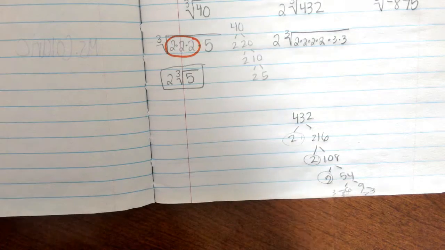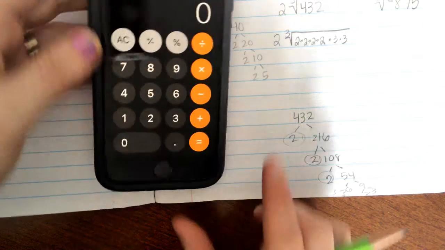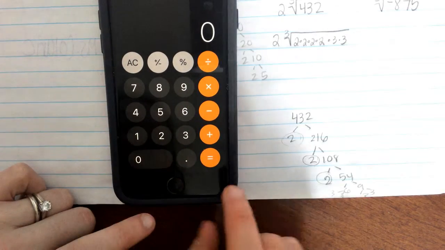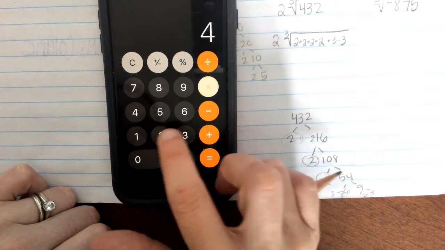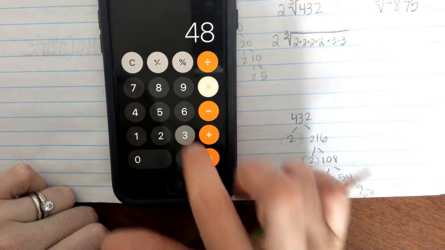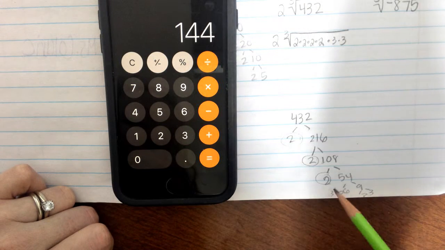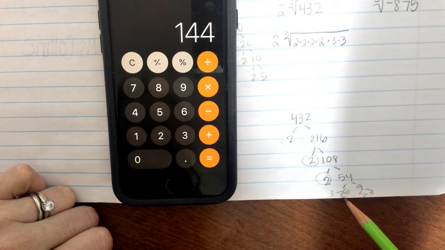The way you can check that it's right is to type in all of your factors: 2 times 2 times 2 times 2 times 3 times 3. It looks like we probably missed somebody.